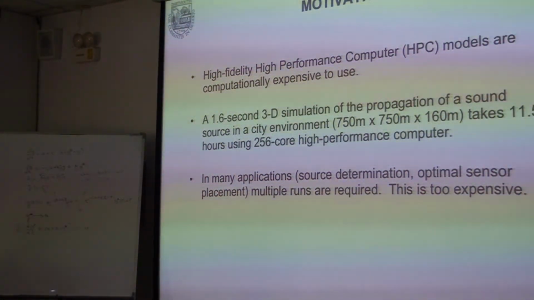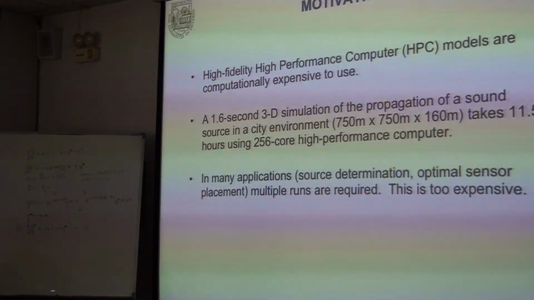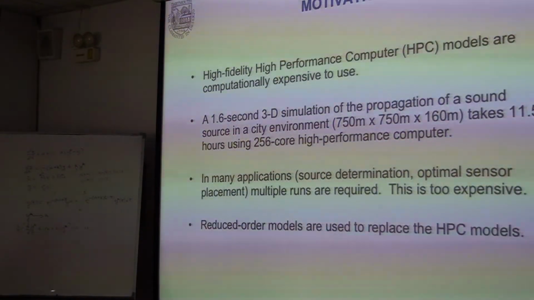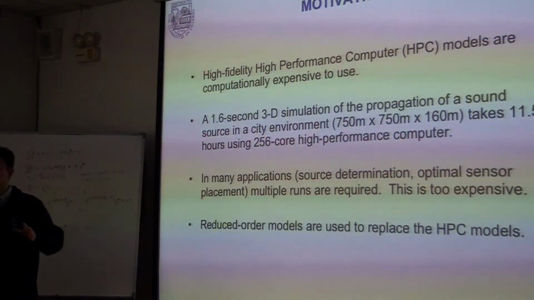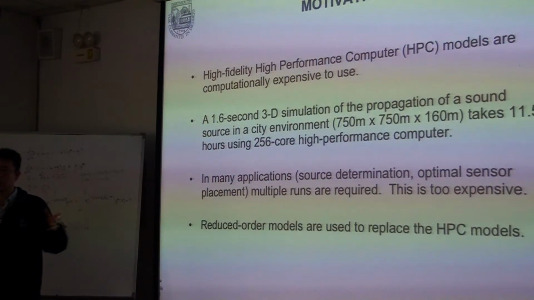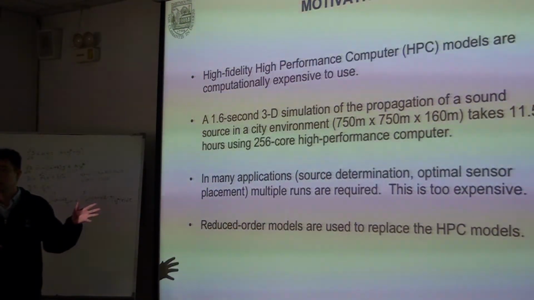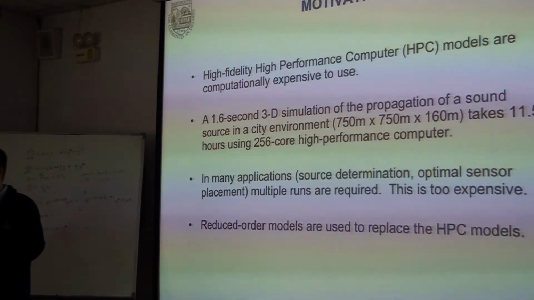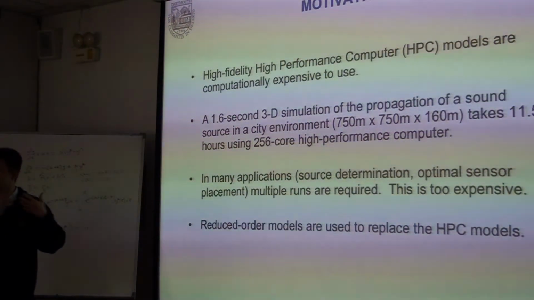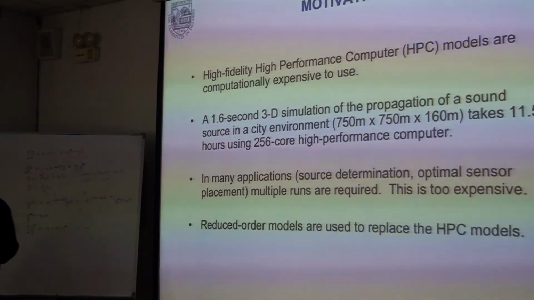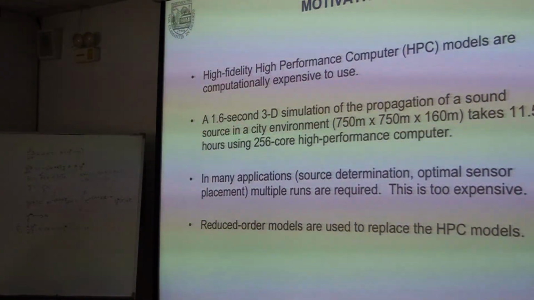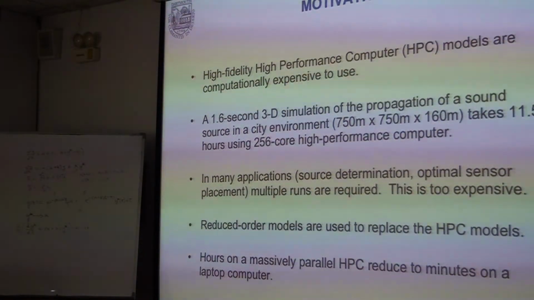So what we're interested in is to use the data from the supercomputer simulation to identify a model of this simulation code. So this is a model of a model of the simulation code. And once we have this model, we can use it for other simulations and save time.